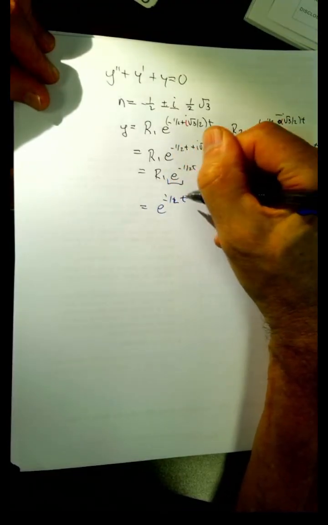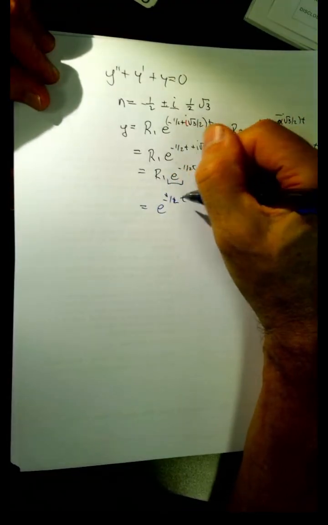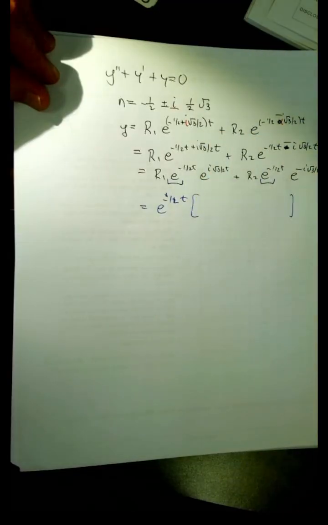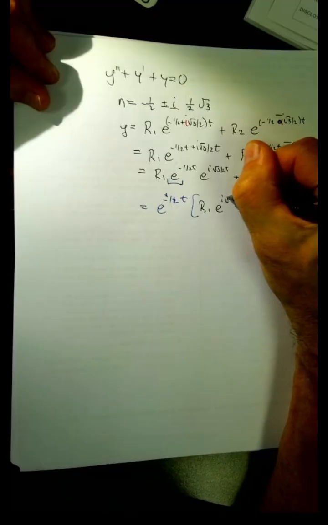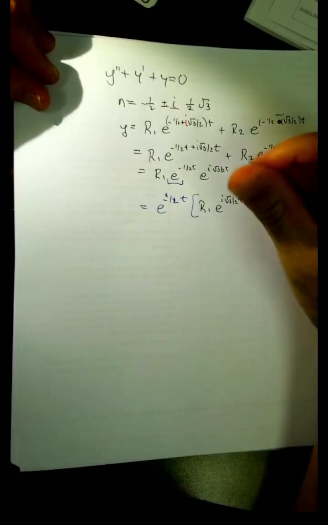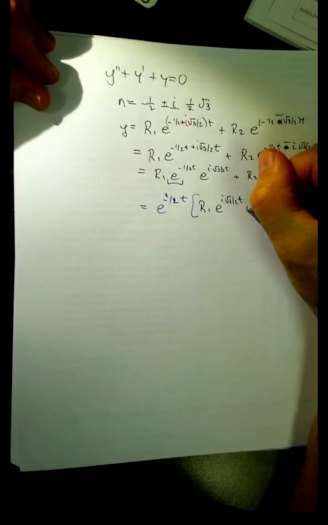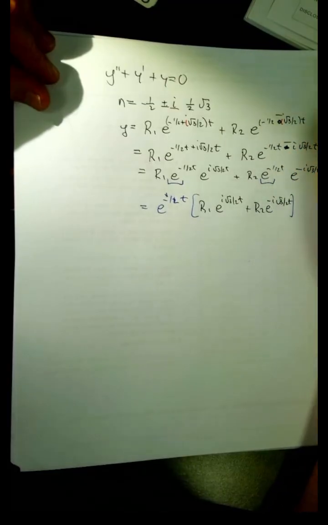And note, this term and this term are common in both expressions. So I can factor out an e to the minus 1/2 t. And inside now I've got the r1 e to the i square root of 3 t over 2 plus r2 e to the minus i square root of 3 over 2 t.